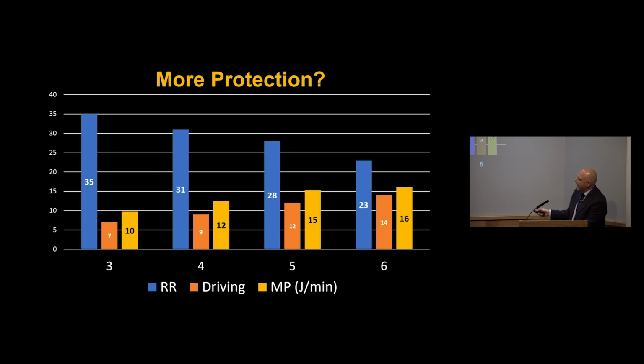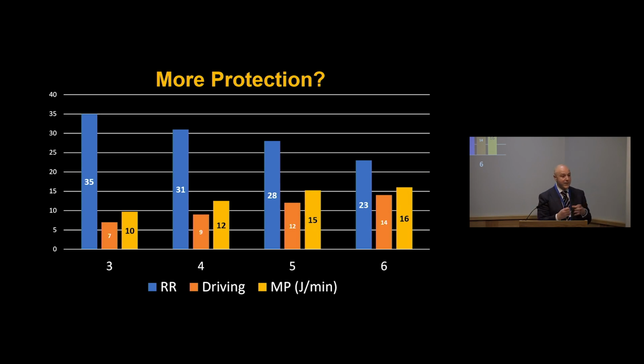Patients who had 6 mils per kilo had a respiratory rate of 23 on average. When patients received 5, the respiratory rate went up to 28. Then 31 and 35. So if you look at just tidal volume, you say, great, isn't 3 great? But 3 now costs you a respiratory rate of 35.